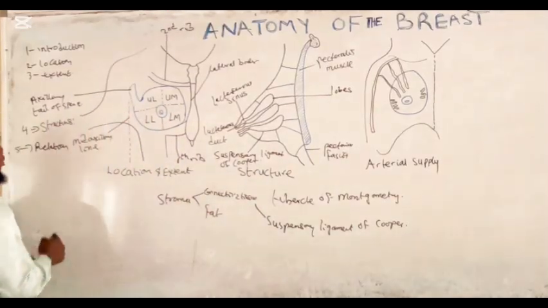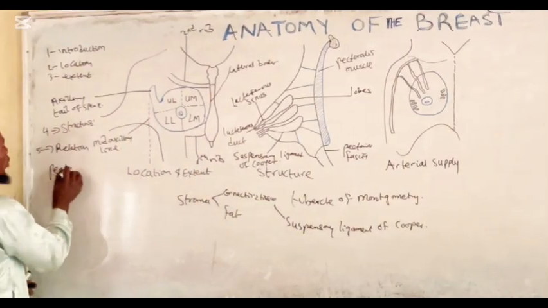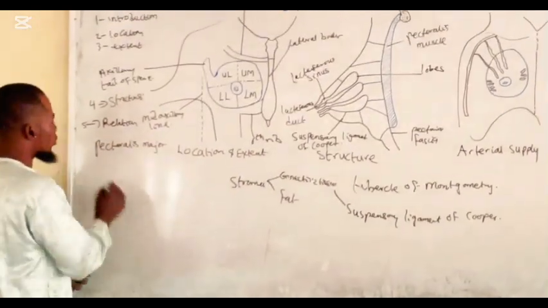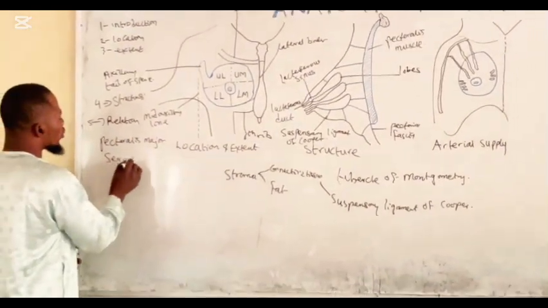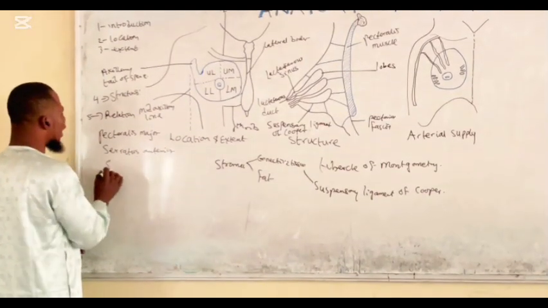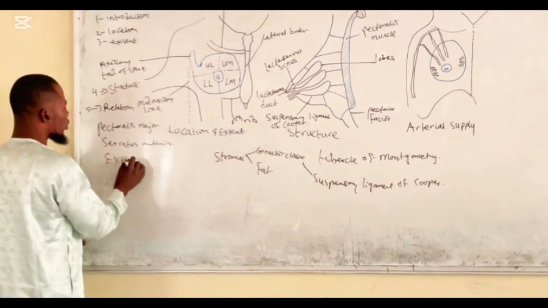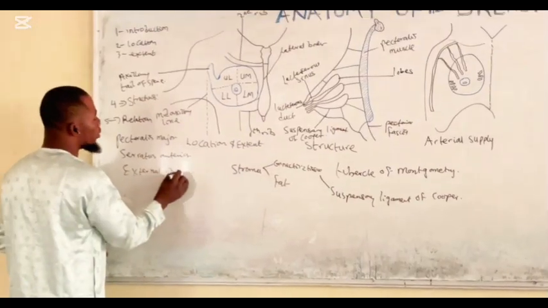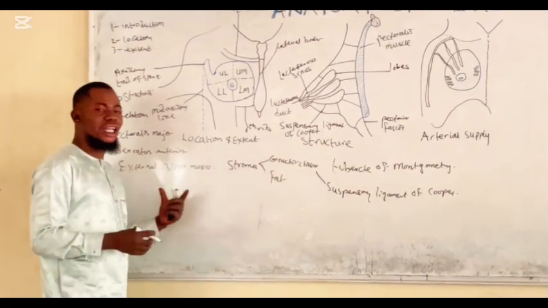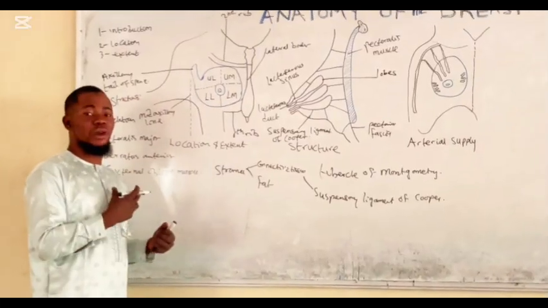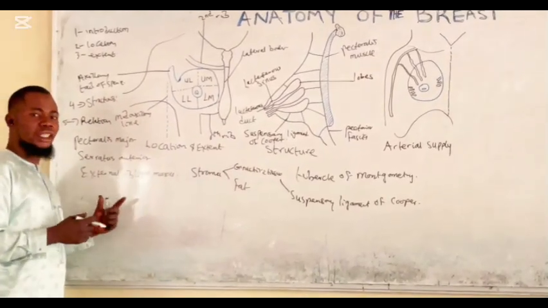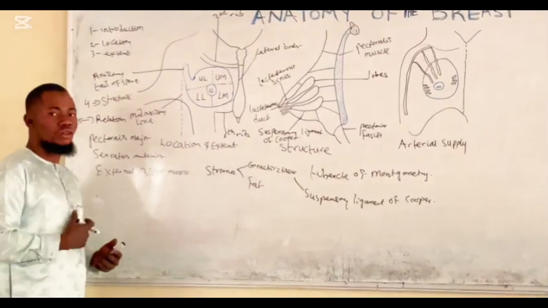The muscles are the pectoralis major, serratus anterior, and external oblique muscle of the abdomen. These are the three muscles with which the breast has a deep relation: the pectoralis major, the serratus anterior, and the external oblique muscle of the abdomen.